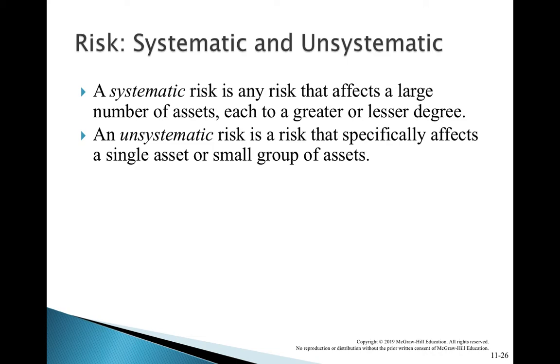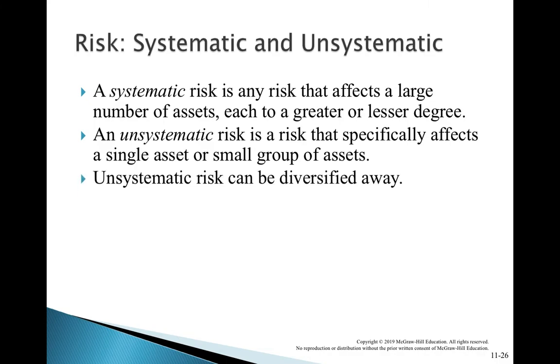Then it is an unsystematic risk, which can be minimized, which can be reduced, which can be diversified. But the systematic risk, because the whole economy or whole industry is suffering, this one is very difficult or not possible to diversify.